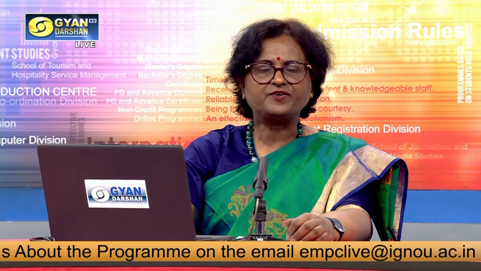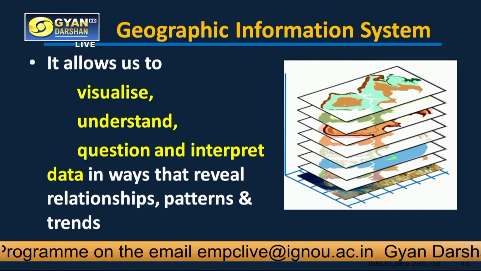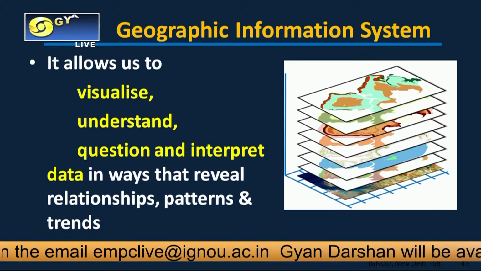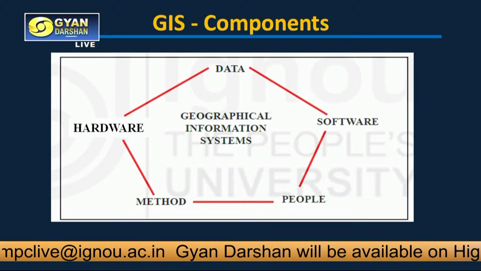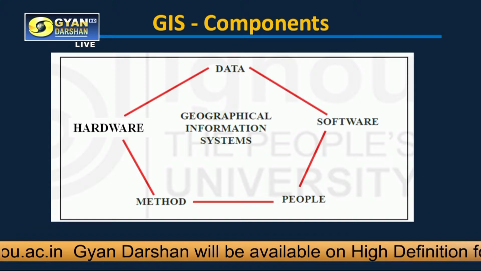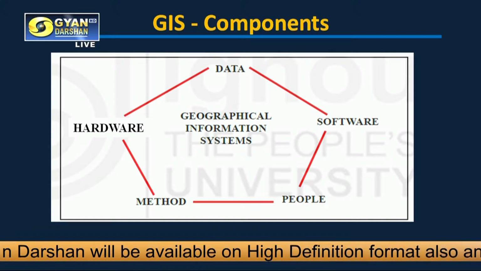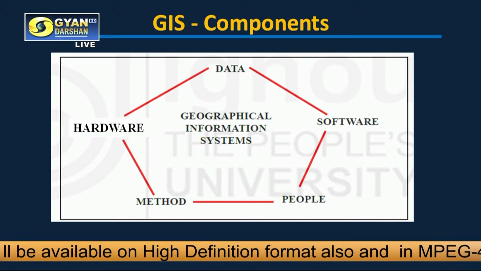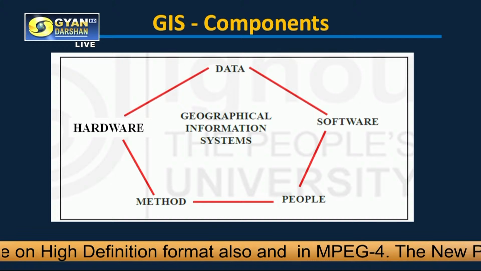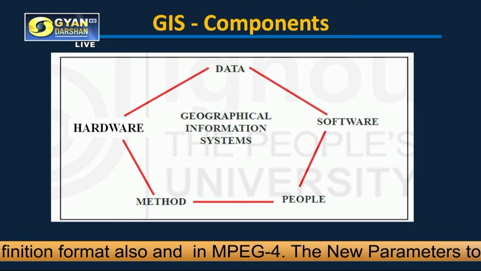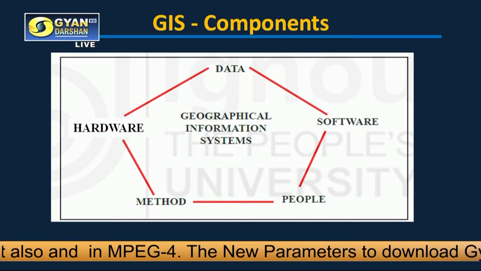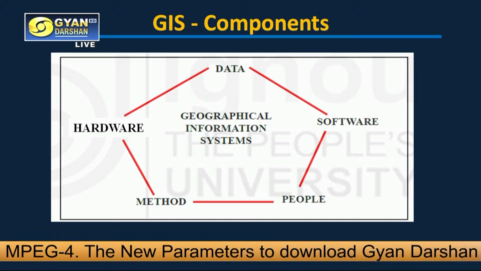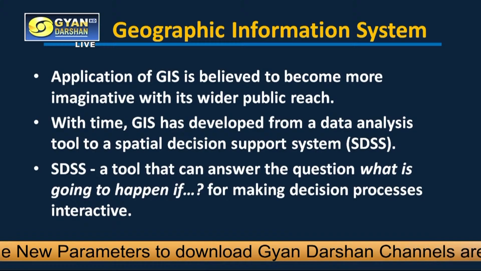Here you can see different layers that are studied when we do GIS analysis. These are the components of GIS. First of all, you need to have data. For that, you need hardware and software, and then you need to devise a method, and then you need human resources. So these are the various components.